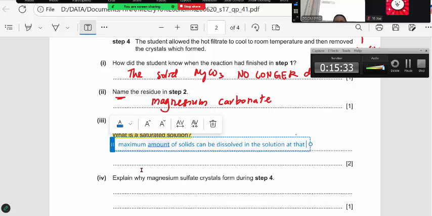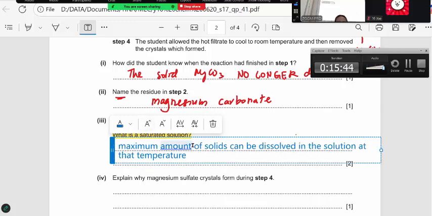Why at that temperature? Because if you increase the temperature, solubility increases. Sorry, not solids, solutes. And if you want to be more accurate, you can put mass here.